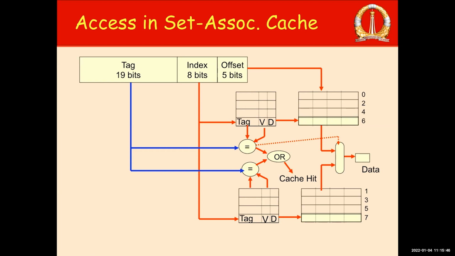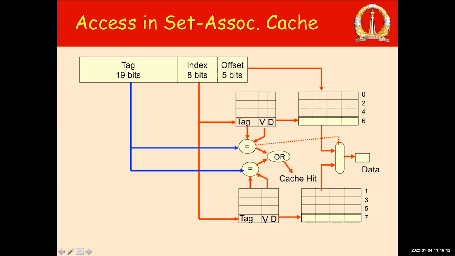So either one of these would match, and whichever one is matching is the one which is going to give you the data. If one of them matches, then you say it is a cache hit, and from that particular cache block, with that given offset, you index and take that particular word out and give that as the data.